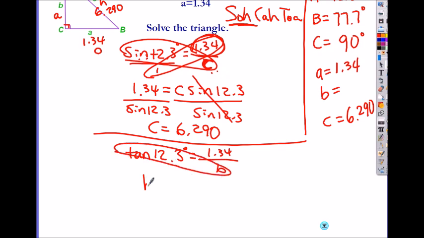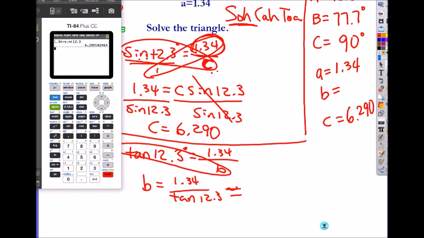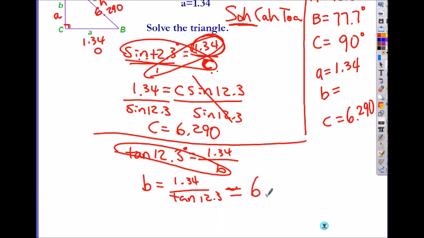So b equals 1.34 over tangent of 12.3, which equals what? 1.34 divided by tangent of 12.3, 6.146.